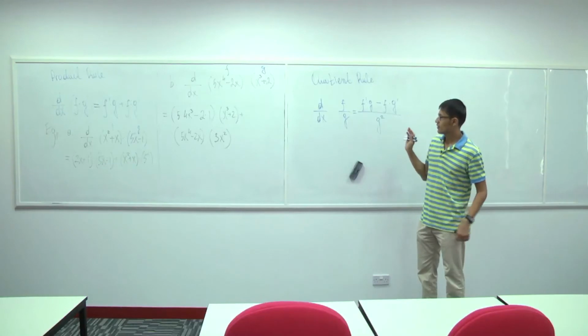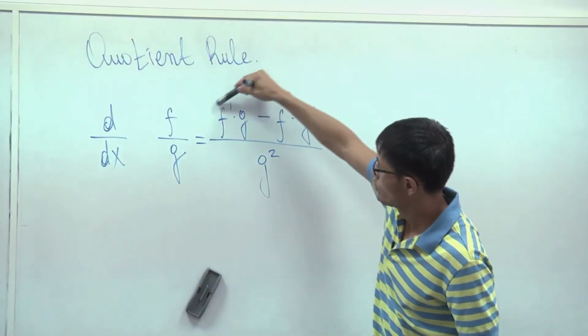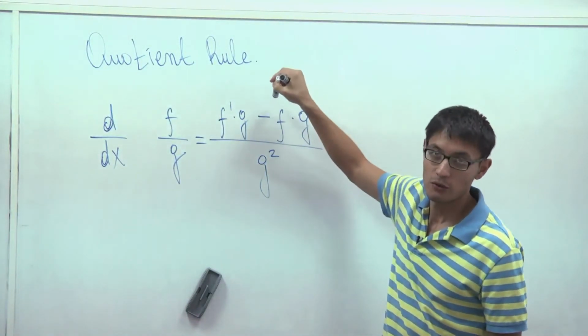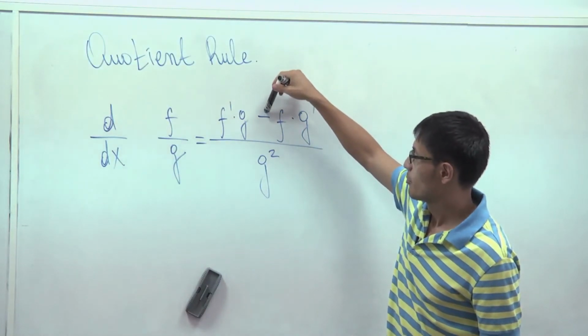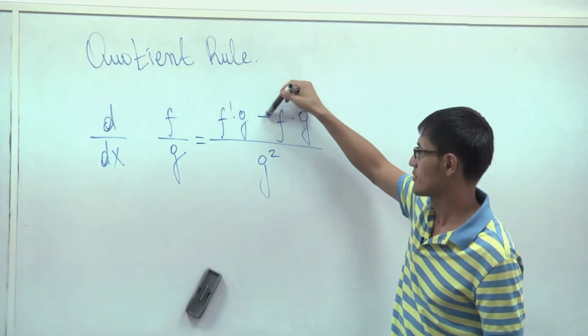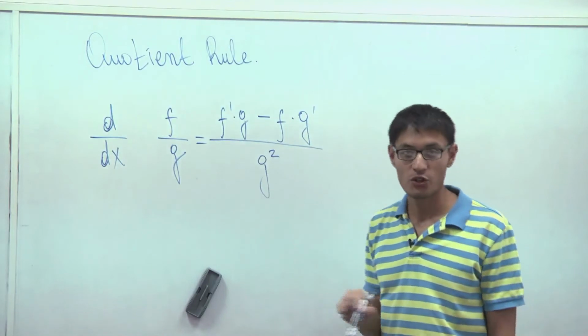The way you can help yourself memorize the quotient rule is, if you notice, the numerator here is very similar to the product rule formula. It's very similar, except instead of the plus, we have a minus in here. In the product rule, you had a plus, but this one has a minus. So it's very similar to the product rule, and then you divide by g squared.